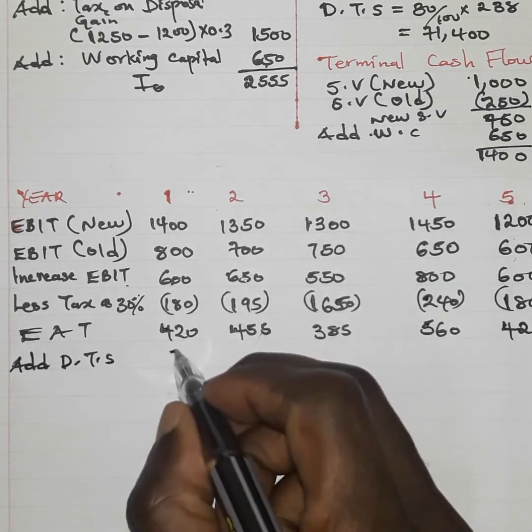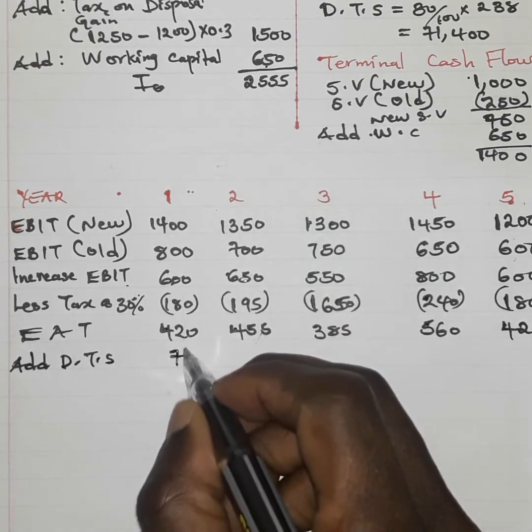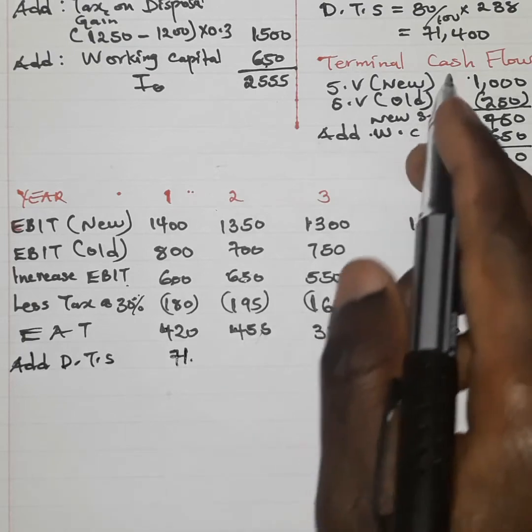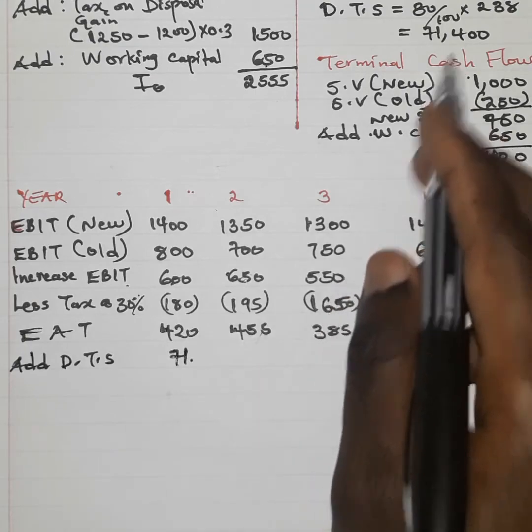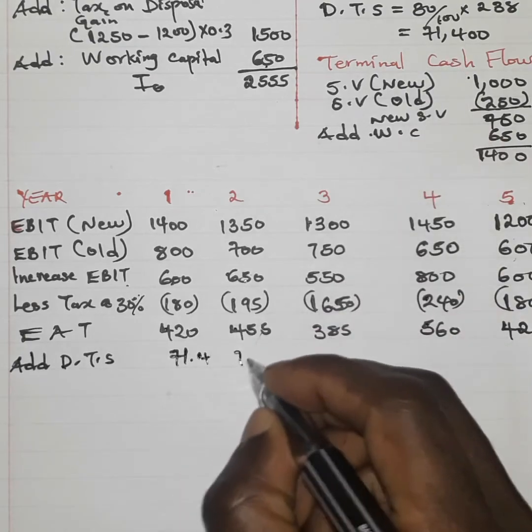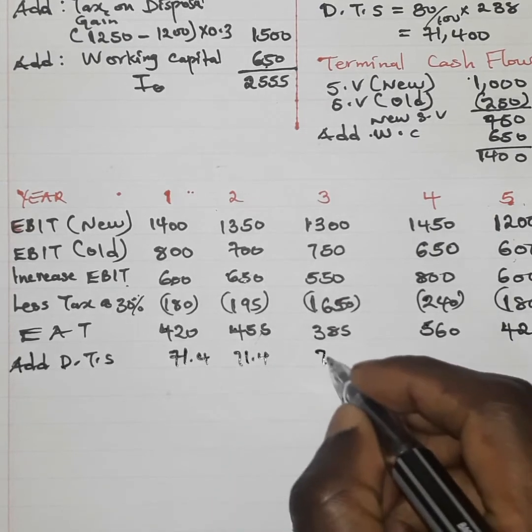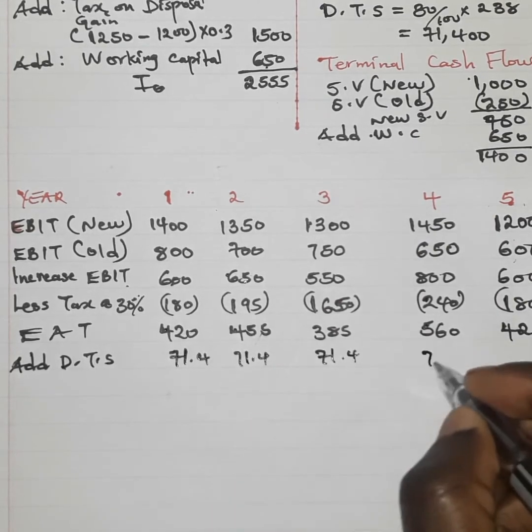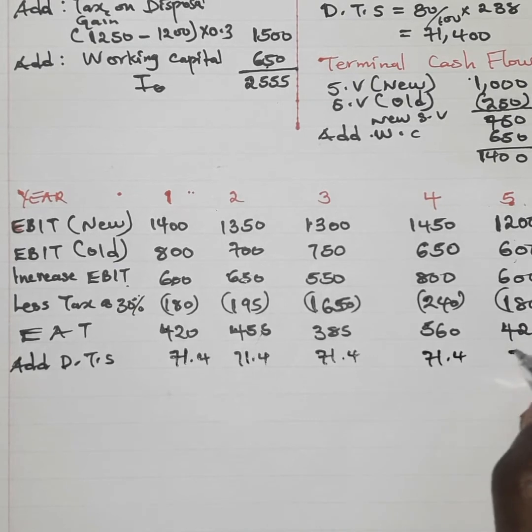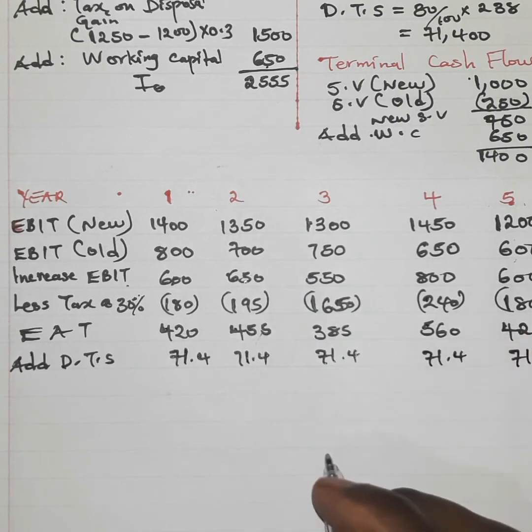So it is 71.4, 71.4, 71.4, 71.4. When we add those ones, we are getting what is known as terminal cash flows.